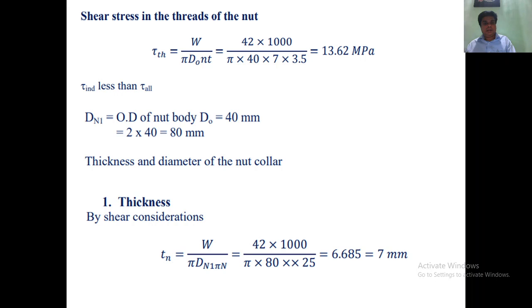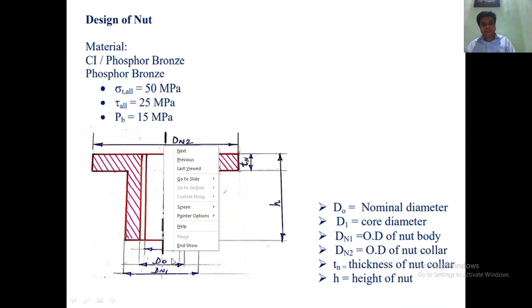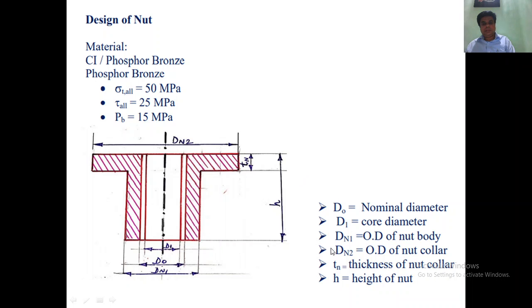When you design the nut, it has to be designed for these dimensions: dn2, thickness of the nut collar, then the internal smaller diameter of the nut collar, and d1 and d2 are related to the screw thread. All these dimensions you can get from the data handbook equations.